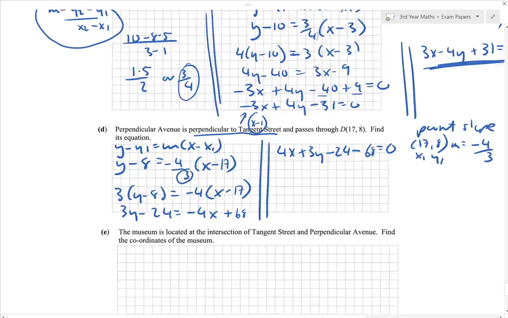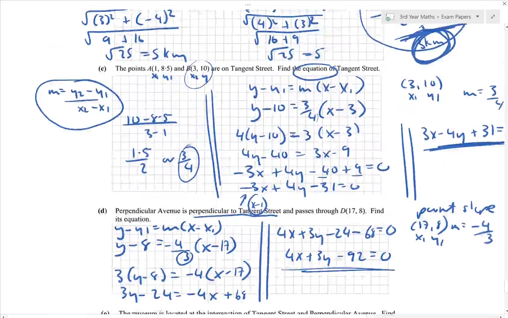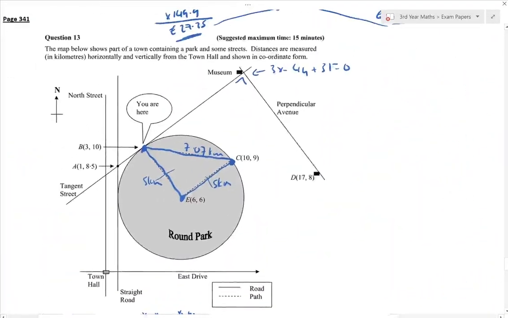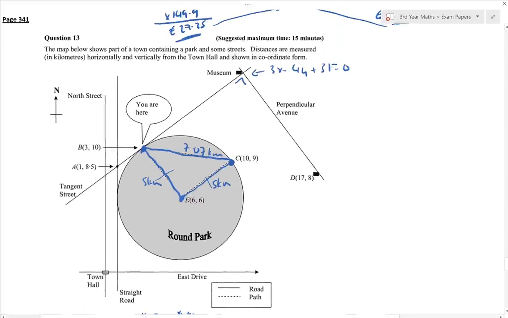Yeah, so then that's 4x plus 3y minus 92 is equal to 0. Okay, right, so now we have the equation of perpendicular avenue. So this is the equation of tangent street and the equation of perpendicular avenue.